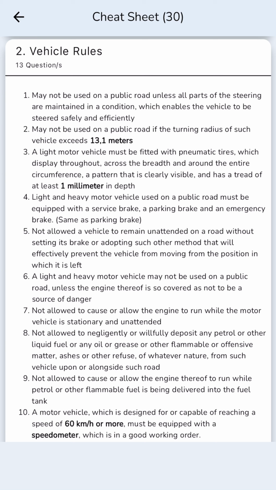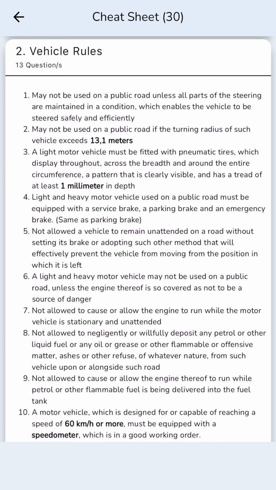Number 3: a light motor vehicle must be fitted with pneumatic tires which display throughout, across the breadth and around the entire circumference, a pattern that is clearly visible and has a tread of at least 1 millimeter in depth.